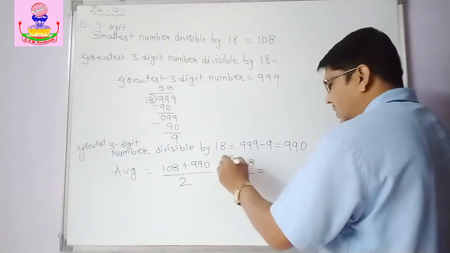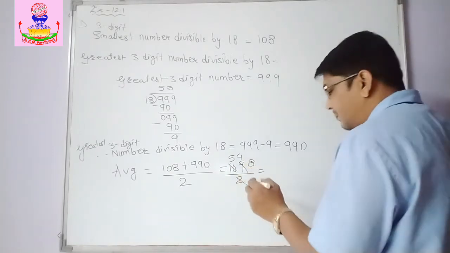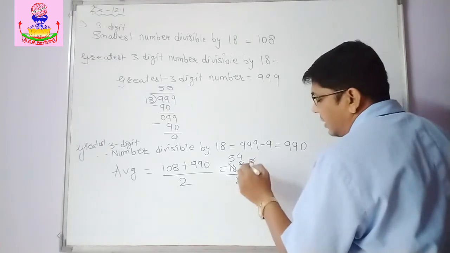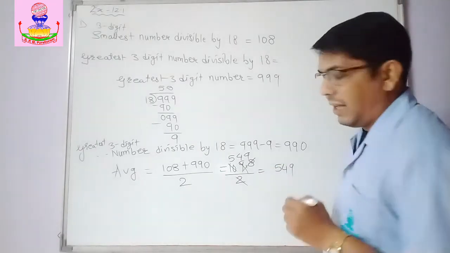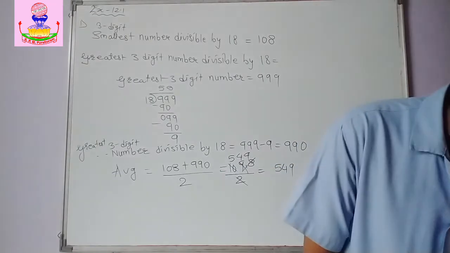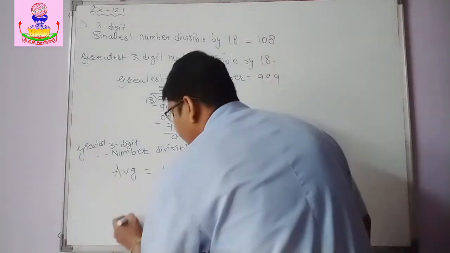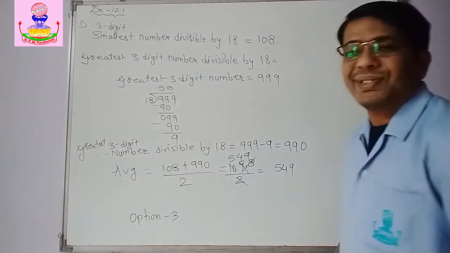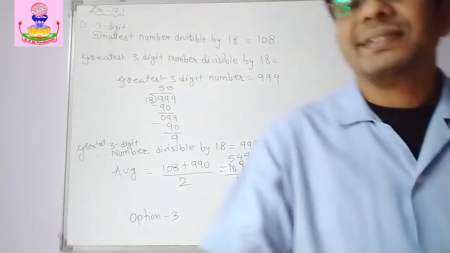So 2 1s are 2, 2 5s are 10, 2 4s are 8, and so remainder 1, so it becomes 18. 2 9s are 18. So 549. So option number third is the right answer. Okay, so let's move to the next example.